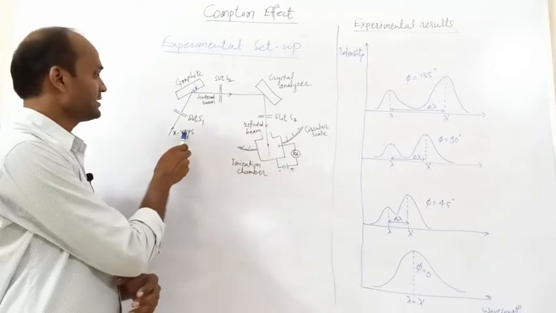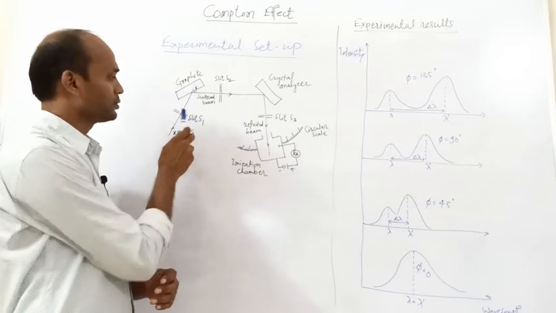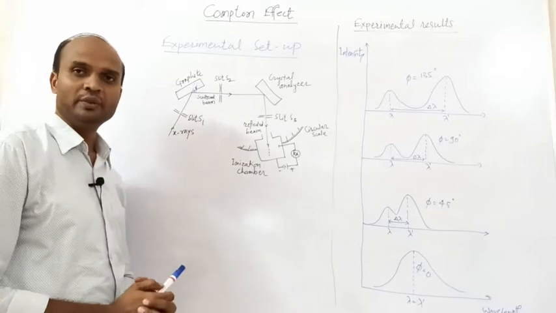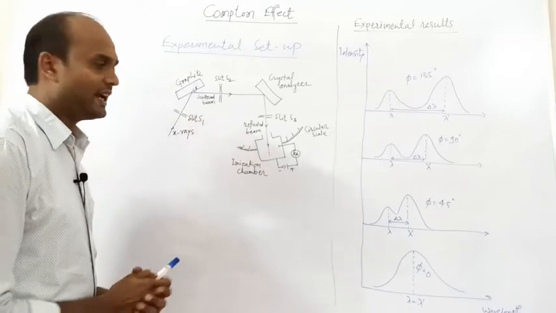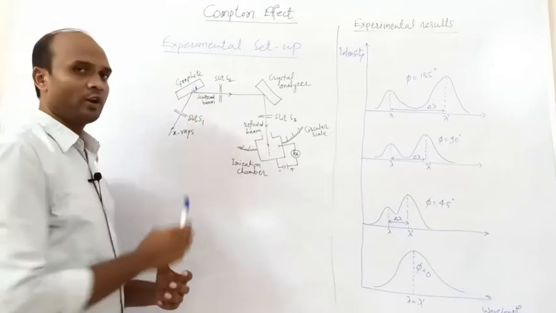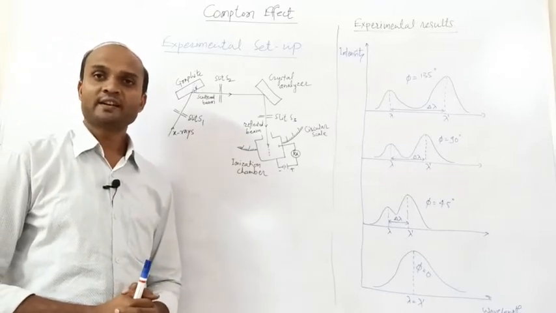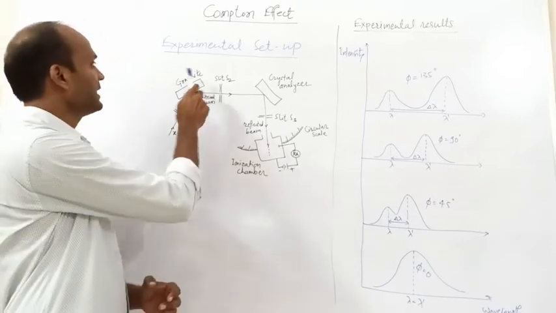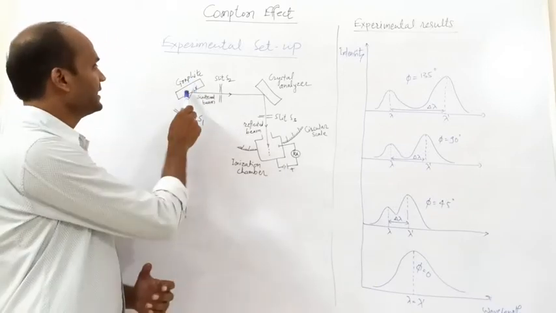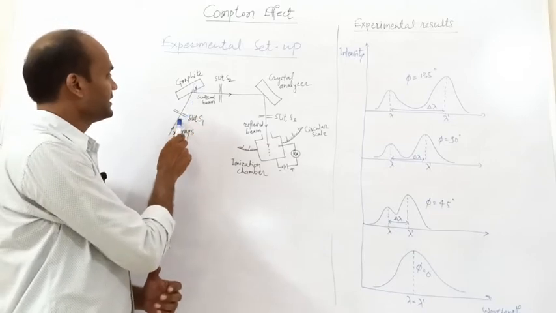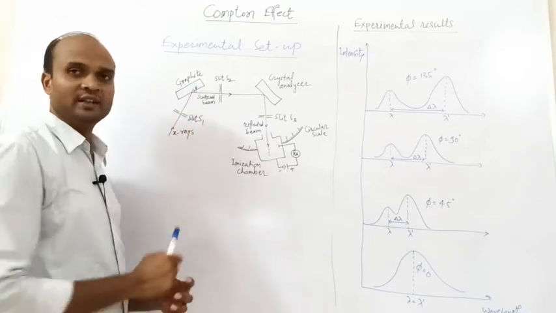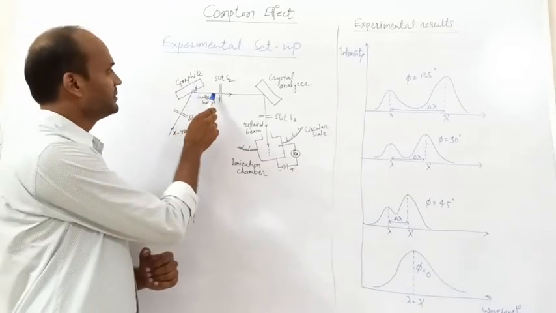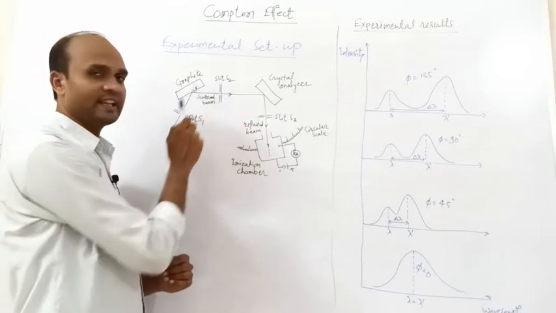When X-rays of known wavelength pass through the slit S1, a well-defined beam of X-rays is obtained. Then that beam of X-rays is allowed to be incident on a scatterer. Scatterer means a light element like graphite. When this incident X-ray beam strikes the graphite, the beam gets scattered, and that scattered beam is allowed to pass through the slit S2.